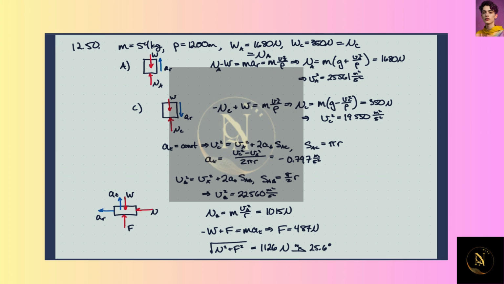And now we're told that as the plane goes around the circle, there is a constant tangential acceleration. So that says that, because we have this path, the velocity at the end of the path squared equals the velocity at the beginning of the path squared plus 2 times the tangential acceleration times the length of that path.